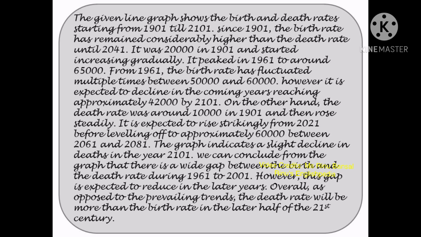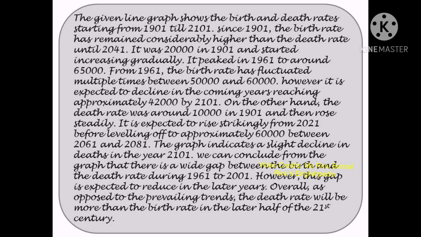After interpreting the graph, the information can be written as: the given line graph shows the birth and death rates starting from the year 1901 till 2101. This is the beginning statement or the opening statement. Since 1901, the birth rate has remained considerably higher than the death rate until 2041.